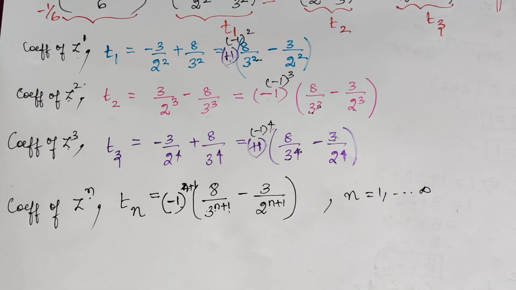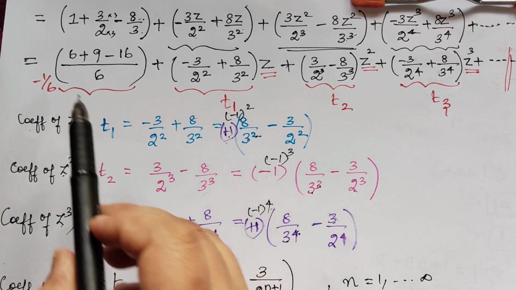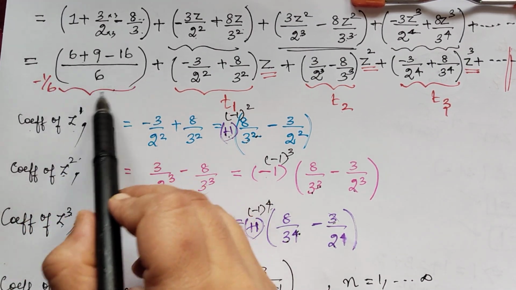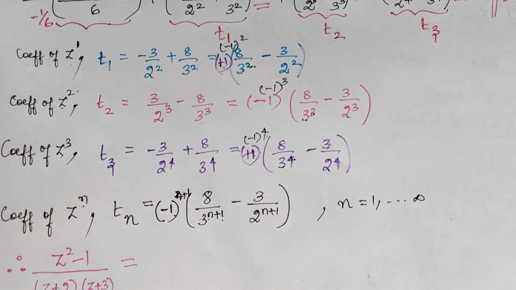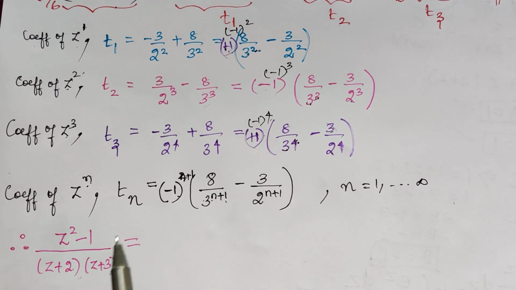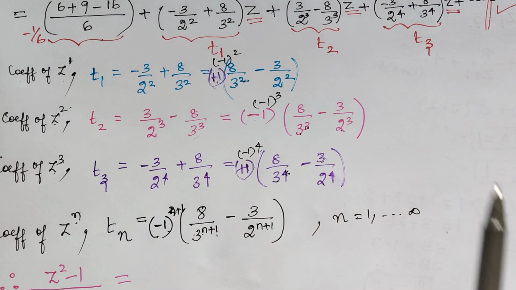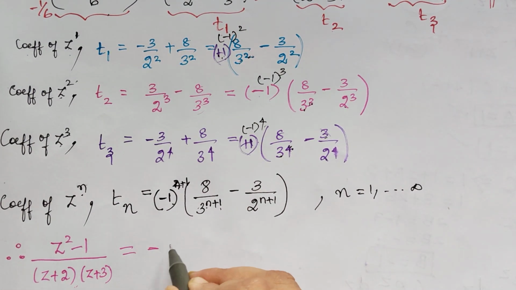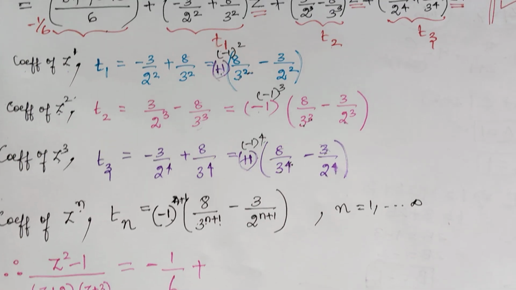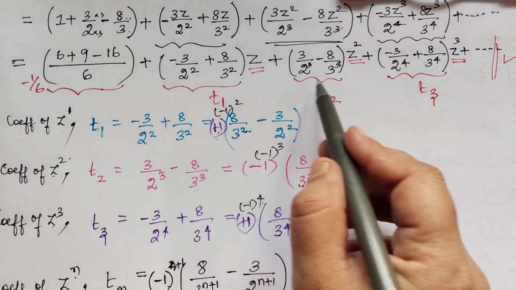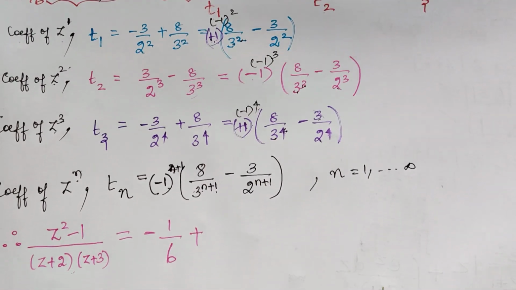We want to write this series now. Here the first term is minus 1 by 6. So let me write that: minus 1 by 6, and then plus. Now I have generalized this, so I can write it as a summation.